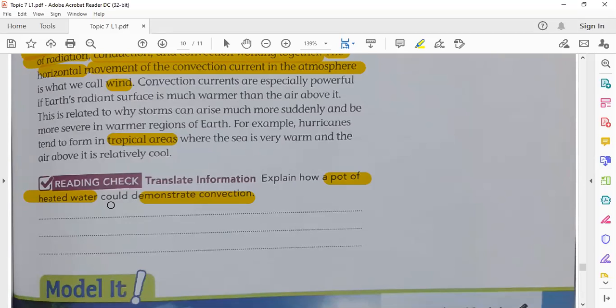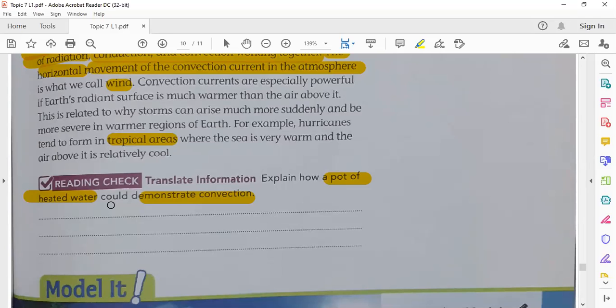First, the pot of heated water gains energy, or heat transfers to the pot of water, by conduction from the stove, or from the fire. Then the colder water, the water that is very close to the stove at the bottom, gains heat. What will happen to the particles? The particles or molecules of water become farther apart because they are moving very fast.